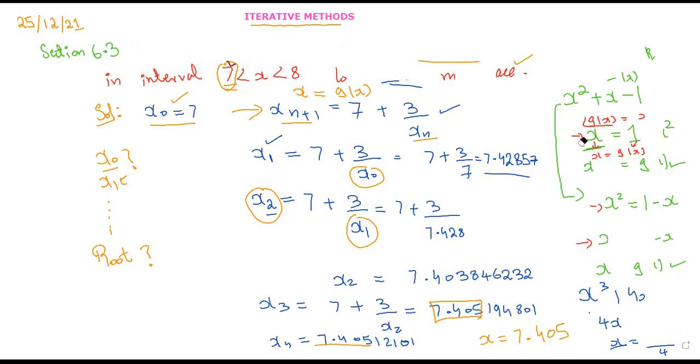Let's just use a new board. So we have example number 2. Show that x cube minus 5x square minus 4x plus 7 equals 0.